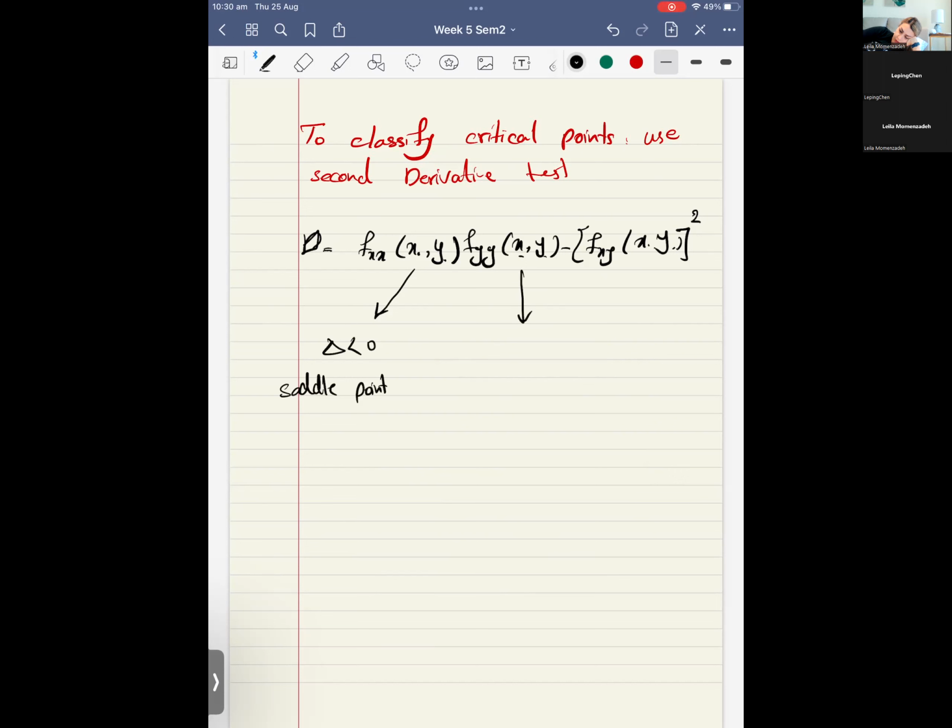Delta more than 0: now if fxx is more than 0, you have a local minimum, and fxx less than 0 is a local maximum. And if delta equals 0, for this point we don't know, it's an inconclusive point. We don't know what happens at this point.